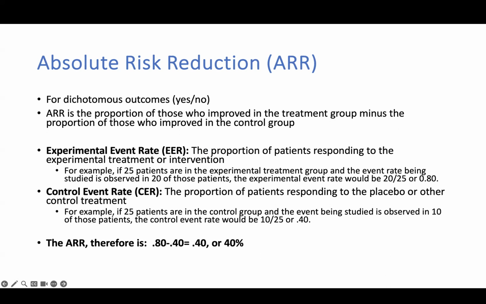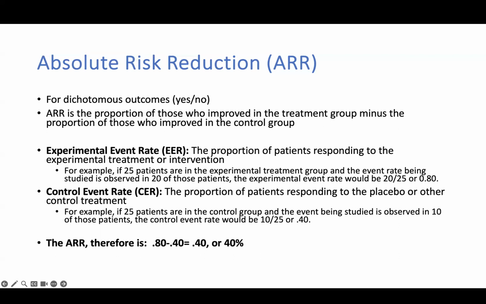Our EER is 80%, represented as 0.8. On the other hand, the control event rate, or CER, pertains to the group receiving a placebo or a standard treatment. If in the same study, 10 out of 25 control patients show improvement, our CER is 40%, or 0.4.